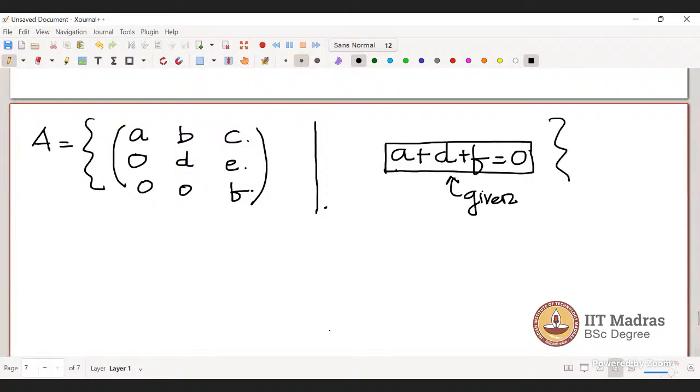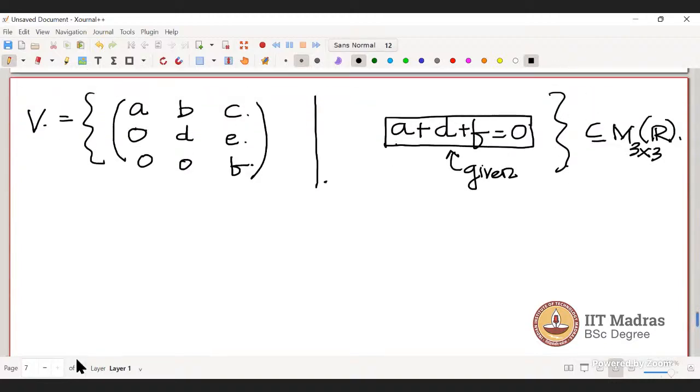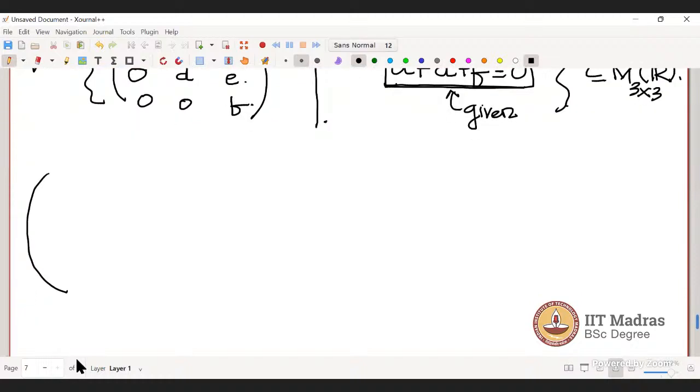So this is my vector space. You can say this is a subspace of the space of 3 by 3 matrices. Right? So I want to find the dimension of V. For that, what do I have to find? I have to find a basis of this vector space. So again, I have to use this relation. If I pick an arbitrary element of this vector space, it should be in this form.